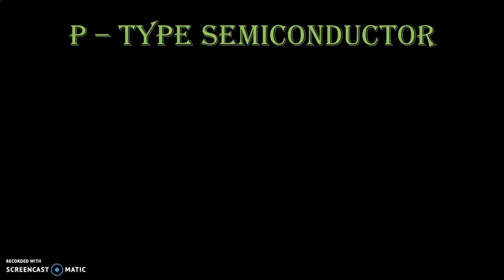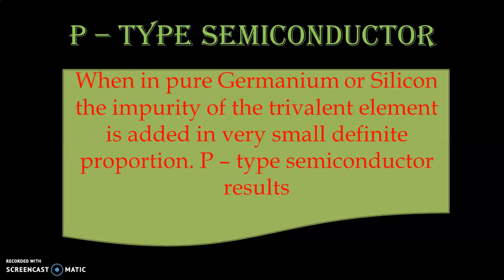Then P type of semiconductor. When in pure germanium or silicon, the impurity of the trivalent element, for example gallium, indium, is added in very small definite proportion, P-type semiconductor results.